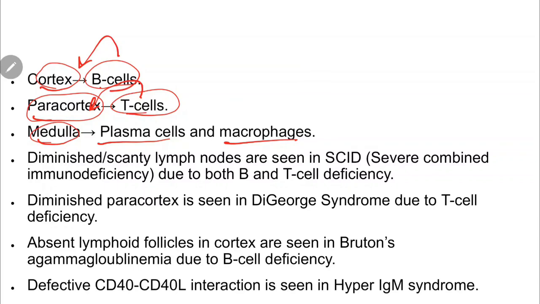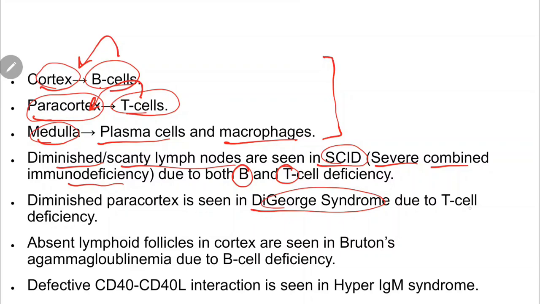So if you have a combined B and T cell deficiency, then it obviously makes sense that all of these regions will be affected simultaneously. And that is the case that we see in SCID, severe combined immunodeficiency syndrome. And since it has B and T cell deficiency, you will see diminished or scanty lymph nodes in SCID.